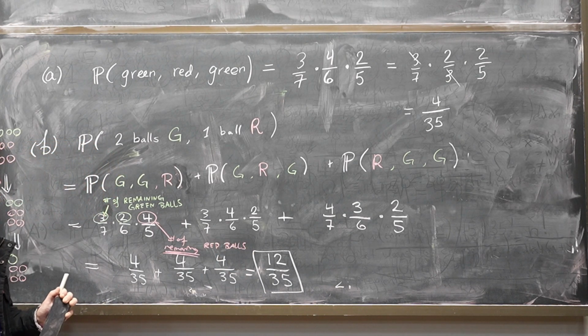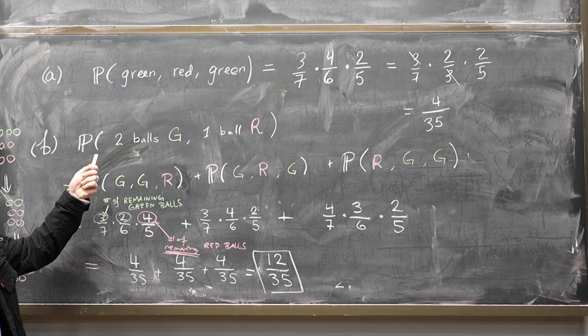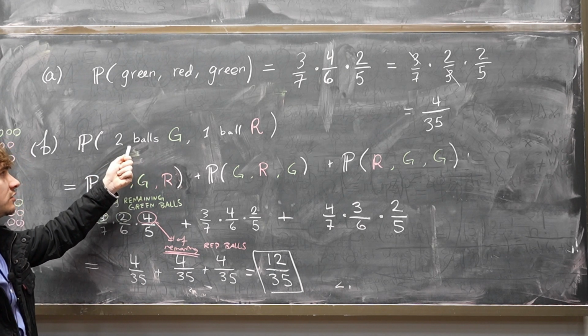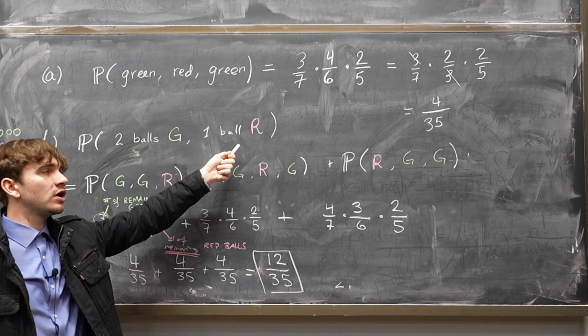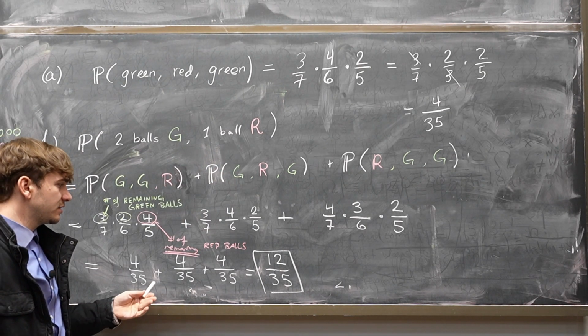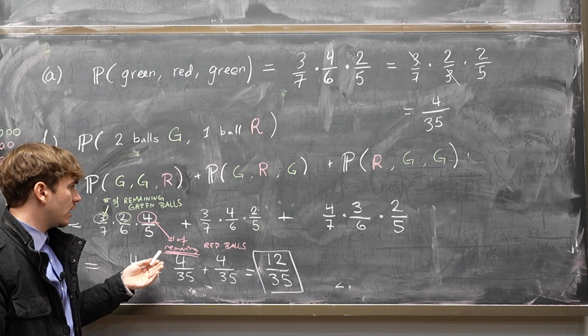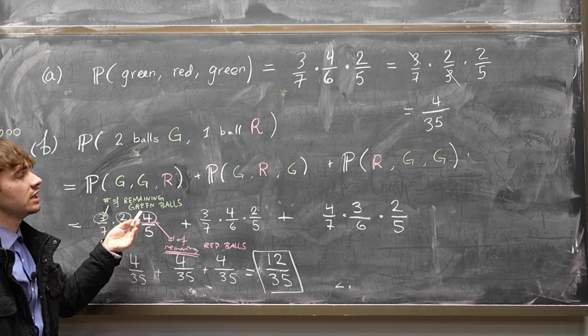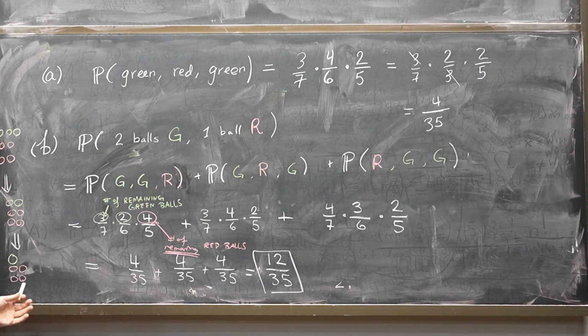And so intuitively speaking, requiring my outcome or my event to have 2 green balls and 1 red ball is somehow specifying the number of remaining red balls and the number of remaining green balls. In particular, my final configuration is always of the form 1 green ball and 3 red balls.